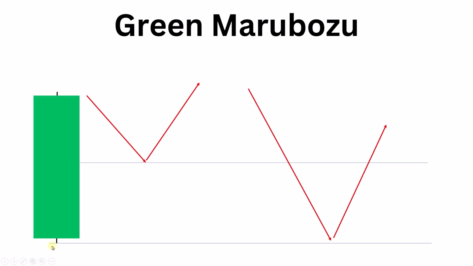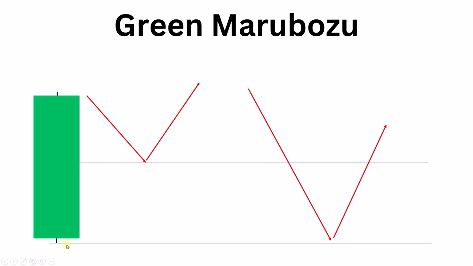This is because at this level there are buyers, who are willing to buy the stock. Why do you think the price moved this much? It is because the buyers thought that this was an attractive price.